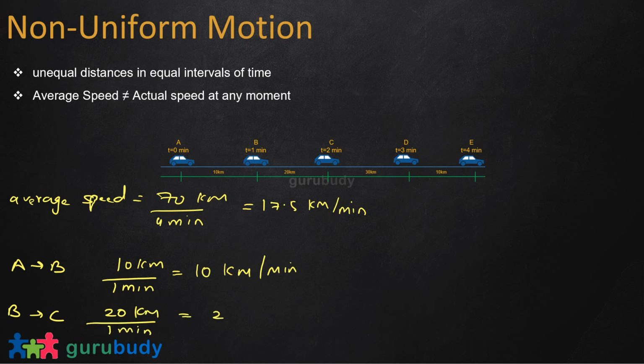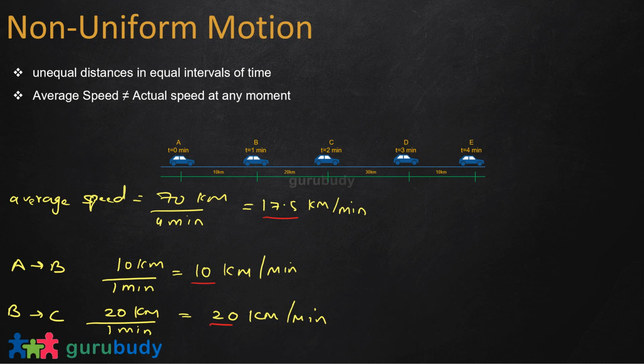Okay, that would be 20 kilometers per minute. So as you can see, the speed of this object is changed. Average speed of this object is not same as the speed of this object as it goes between different points. Okay, so in a non-uniform motion, the average speed is not equal to actual speed of the object, which is the car here.